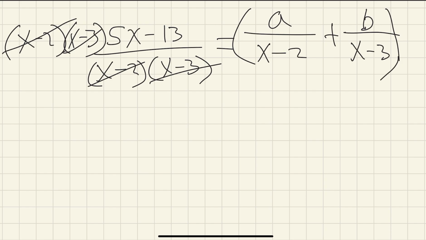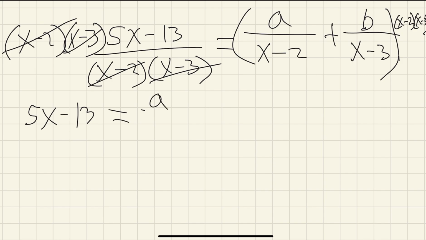I've run out of space a little bit, but we're going to be multiplying the same thing over here, so I'm going to rewrite this down here. We've gotten rid of the denominator on our left, so we just have 5x minus 13.